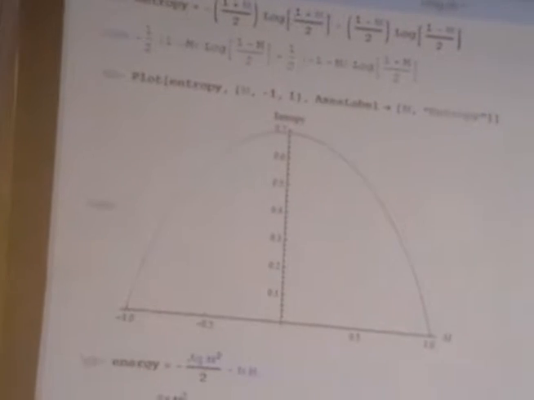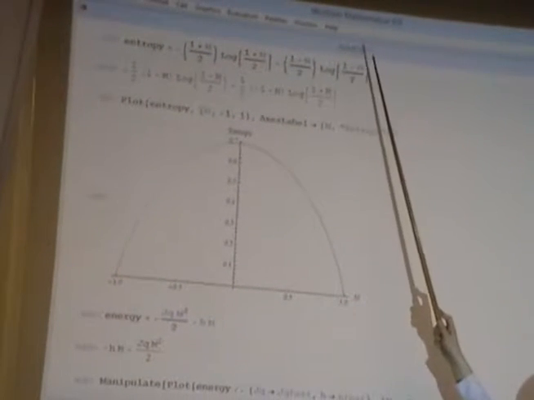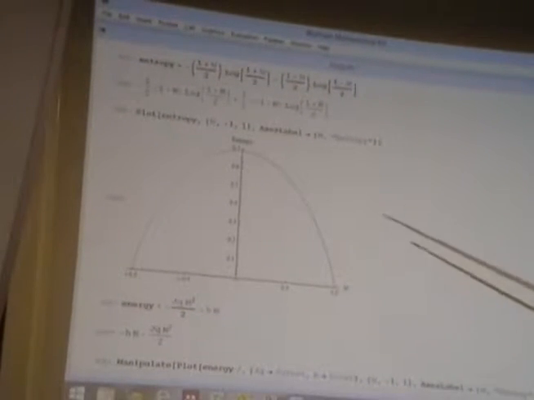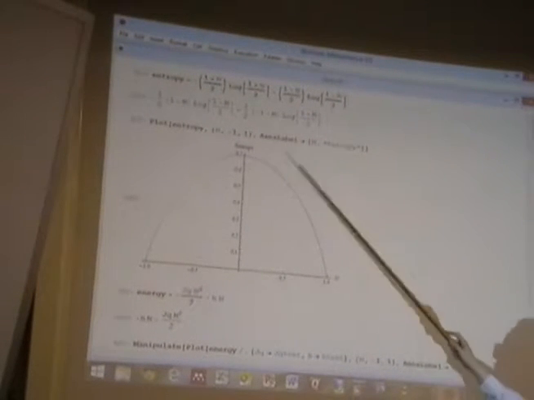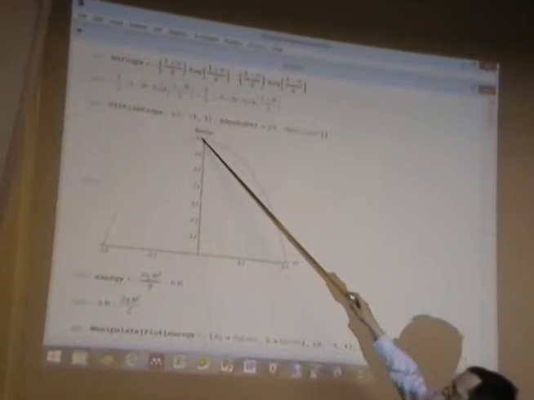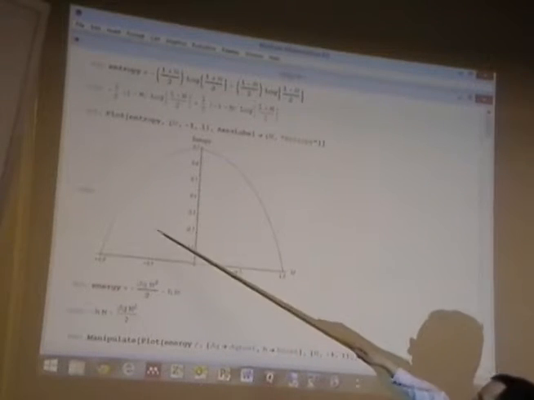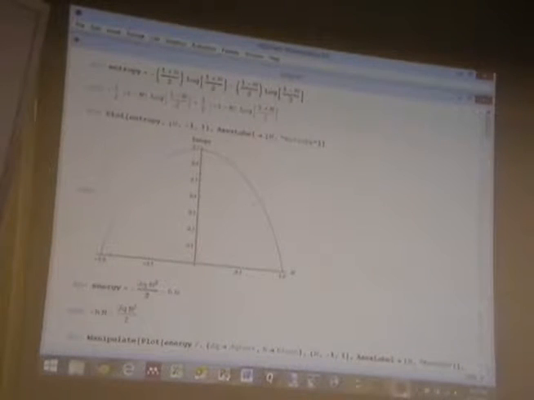Here in Mathematica, I plot these things. Here's the entropy, and you can see the entropy looks a lot like an upside-down parabola, approximately. There's the most entropy for the magnetic order parameter equal to 0, and it decreases. The least entropy is when it's either +1 or -1. And then what else do we have? Here's the energy down below it.